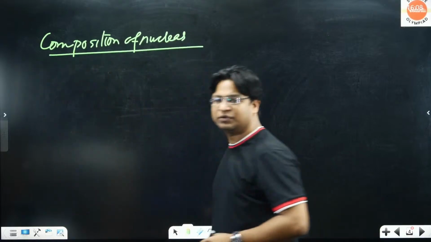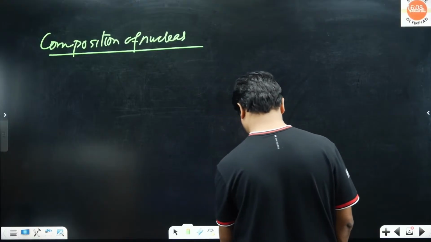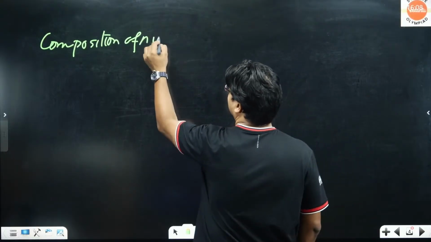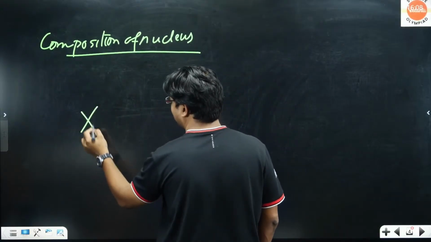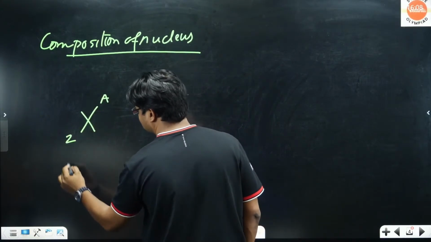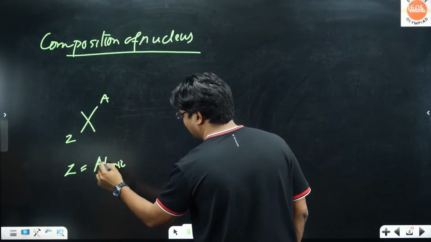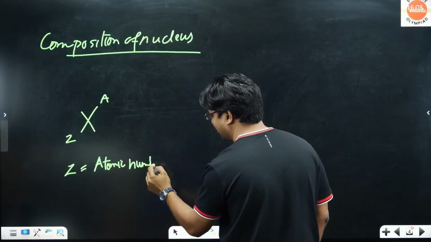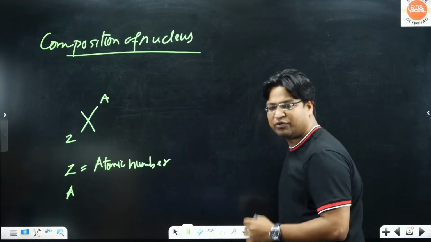Next thing, if we want to talk about the composition of a nucleus. Suppose I'm talking about a nucleus in which Z is the atomic number. The atomic number is the number of protons present in the nucleus, and A is the mass number.